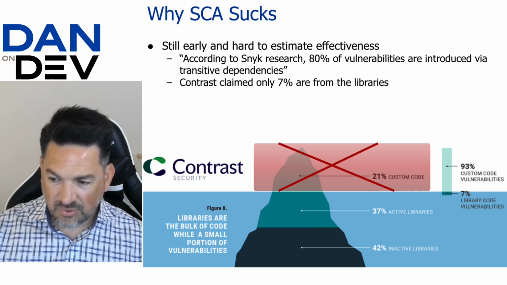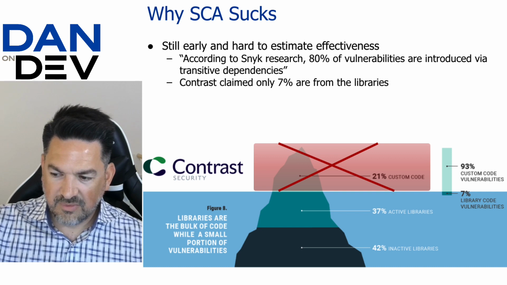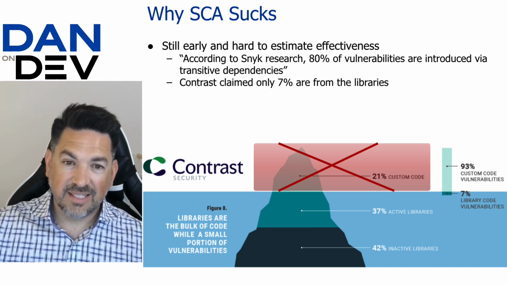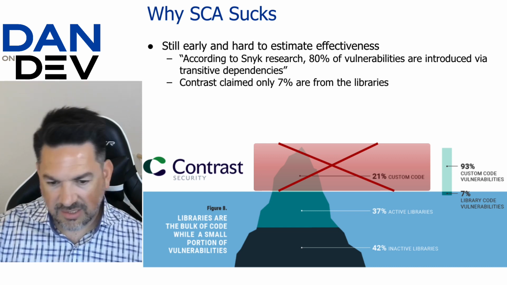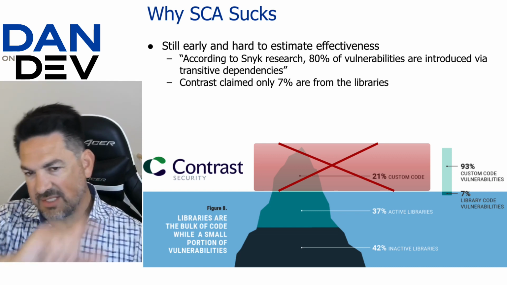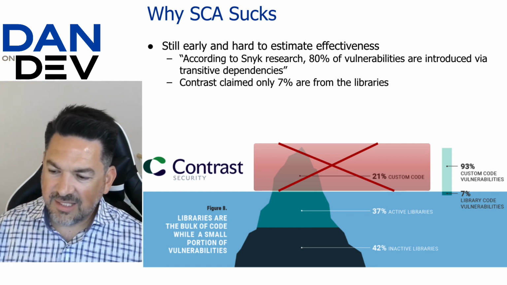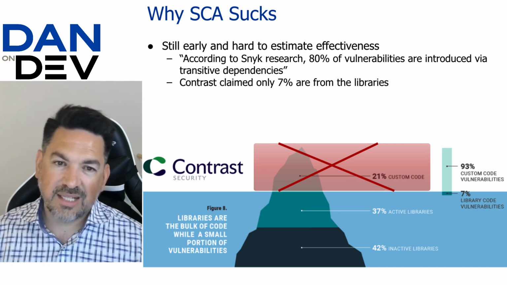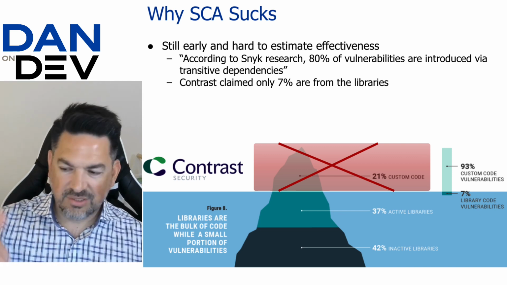This chart is actually pretty illuminating. They say the tip of the iceberg is your custom code. This is a great analogy, and it's actually very accurate. You'll see the slice of your custom code here on top, and then the middle area is your active libraries, the third-party stuff you're actually using. And then you have this other 42%.